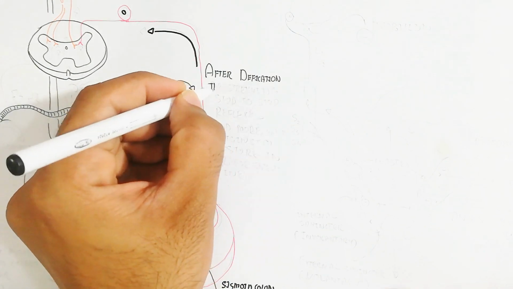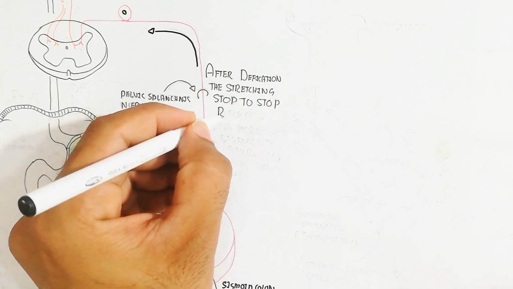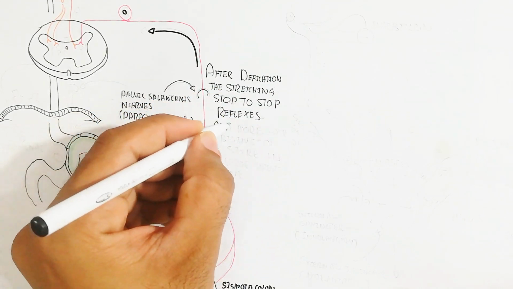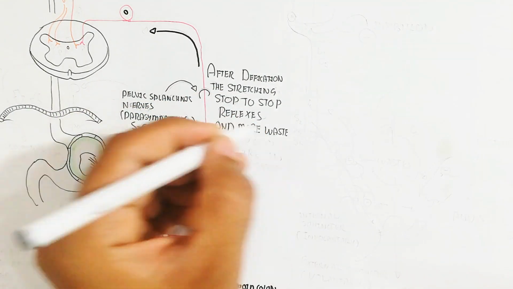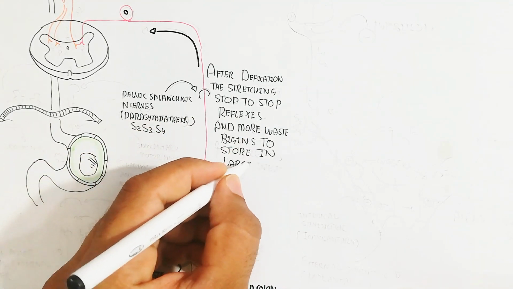Remember this: after defecation, the stretching stops and the reflexes stop, and more waste begins to store in the large intestine. The signal is given whenever the stretching becomes uncontrolled and the rectum is full of waste. This goes into the brain through the spinal cord, and the brain, basically the pons, will give the signal.